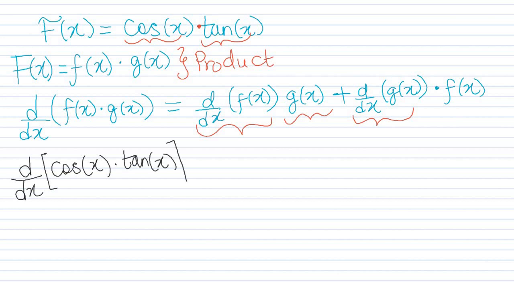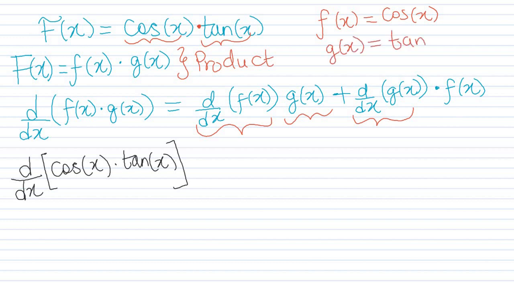Now the first thing we have to do is determine what f of x is in this question. We have f of x to be cosine x, and g of x to be tan x.